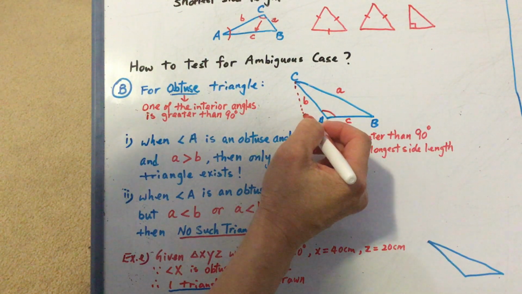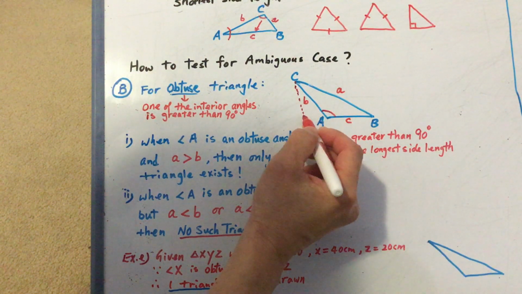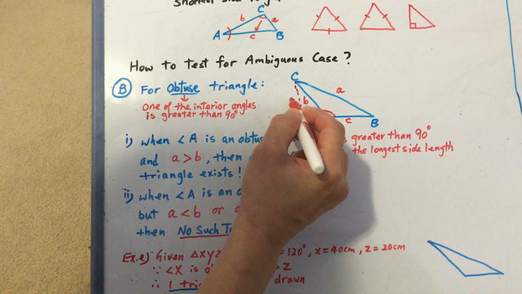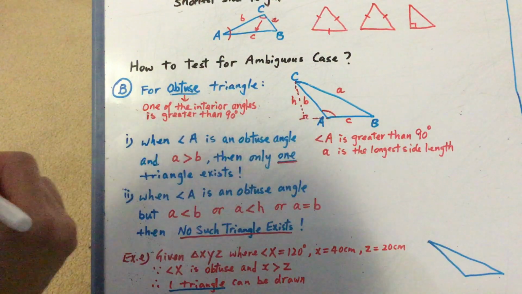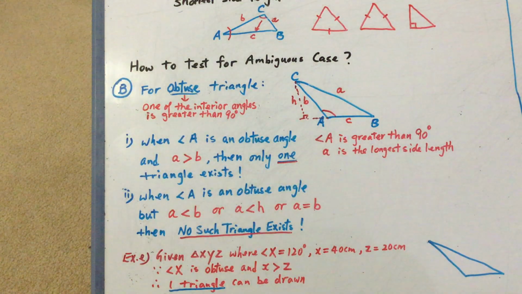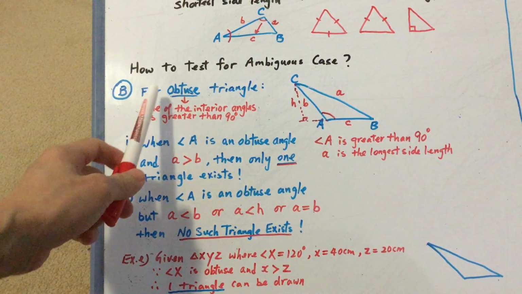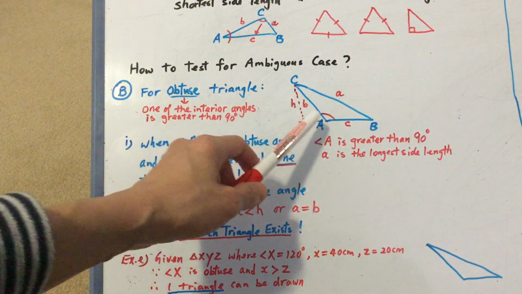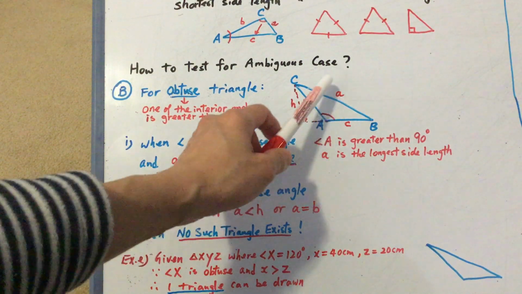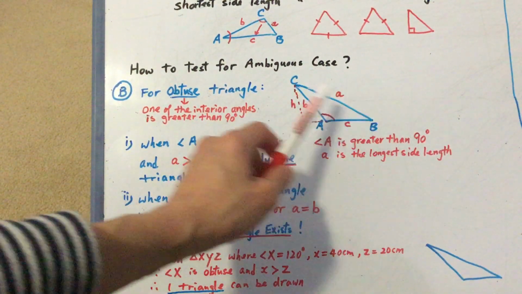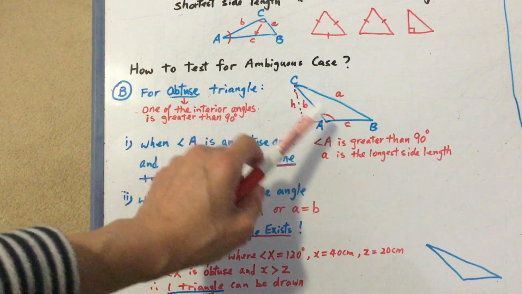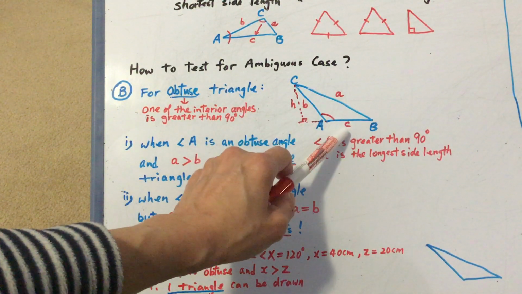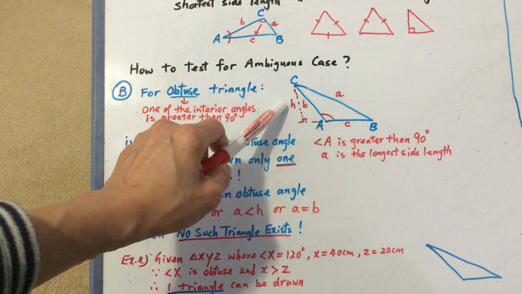Well, you can draw the vertical line from outside, extend the base, and this will be your height as well. But we're not interested in the height in the obtuse triangle case, because when angle A is obtuse, then length A has to be the longer side length compared to any of the lengths here. A should be bigger than B, A should be greater than C, and A should be greater than H.